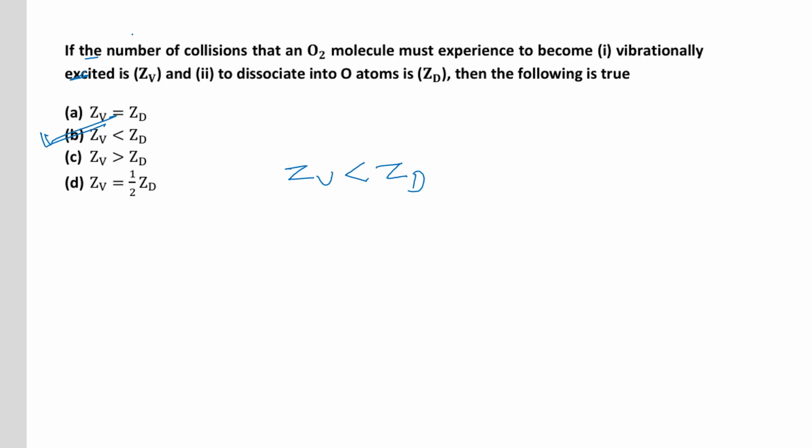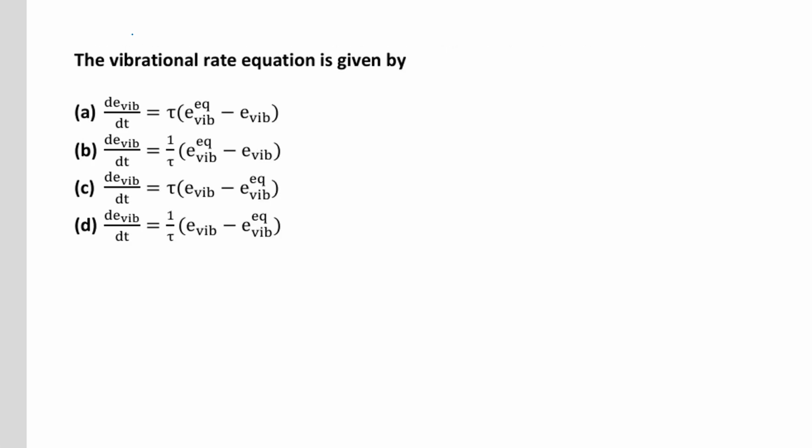Now we will see the next problem. This is also direct; if you know the answer, you can directly choose the option in this problem. The vibrational rate equation is given by option A, dE vibration upon dt equal to tau times E vibration equilibrium minus E vibration.